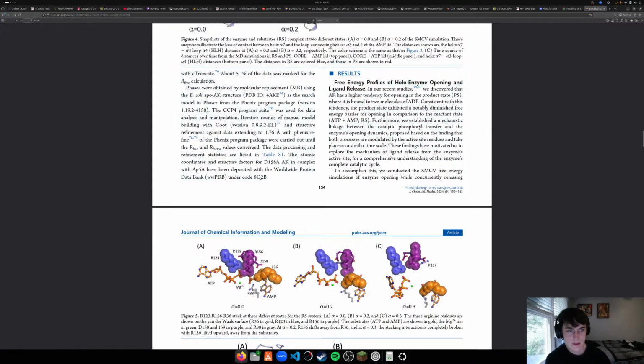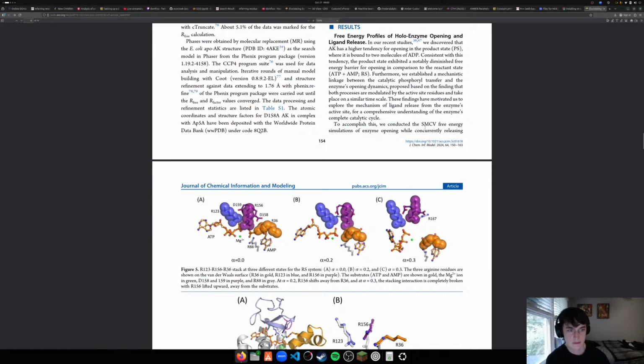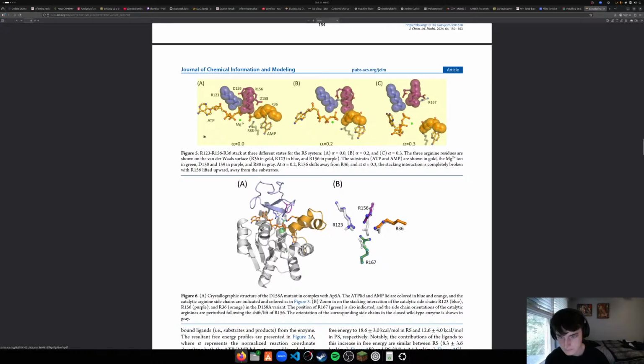All right. Furthermore, we established a mechanistic linkage between the catalytic phosphoryl transfer and the enzyme's opening dynamics, proposed based on the findings. Okay. So to accomplish this, we conducted free energy simulations of enzyme opening while concurrently releasing the ligands.